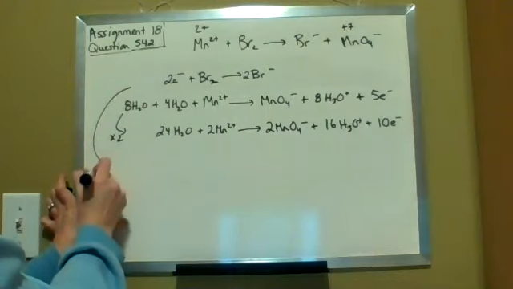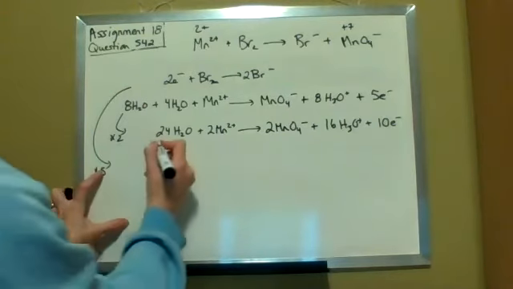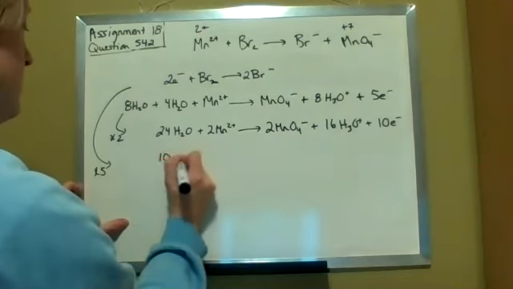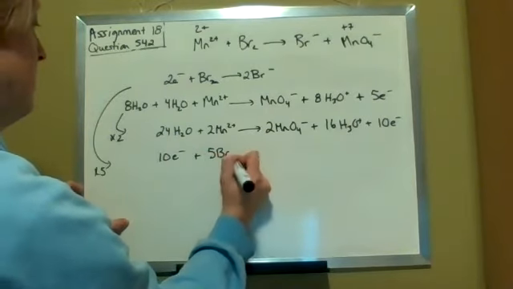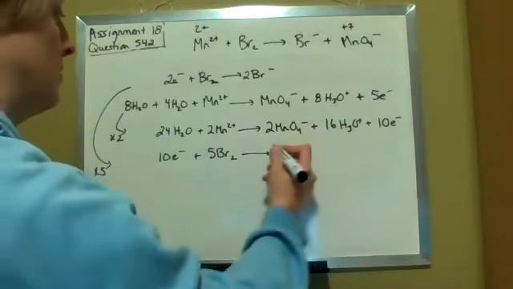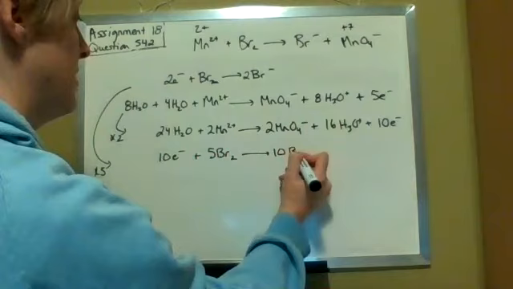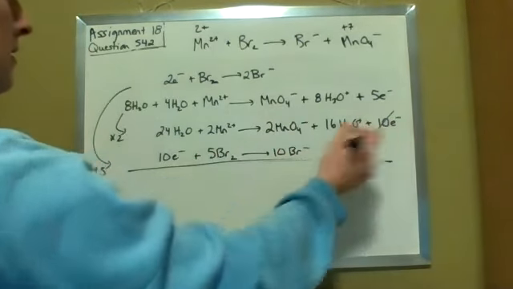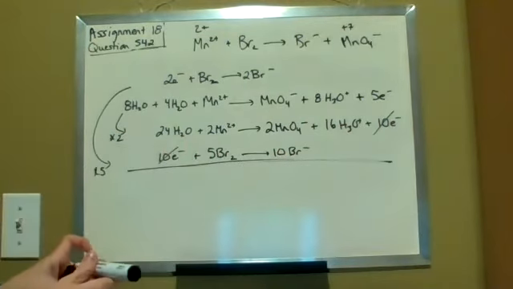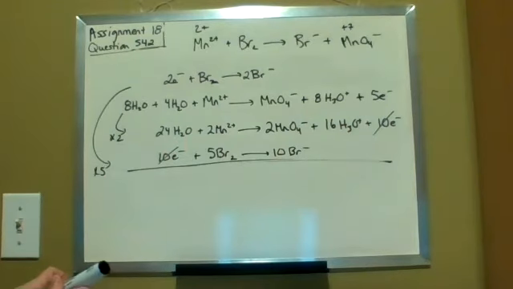And this other one, I'm going to multiply by 5. So we have 10 electrons, 5 Br2 going to 10 Br minus. Cancel those electrons out. That's the only thing I can cancel out of here.